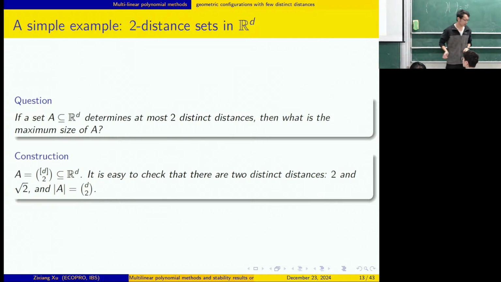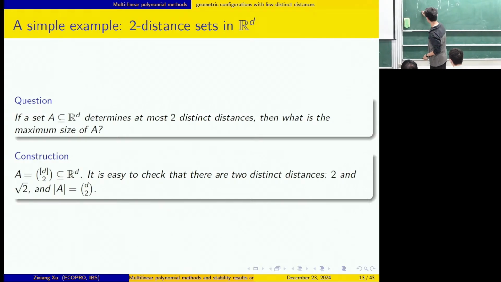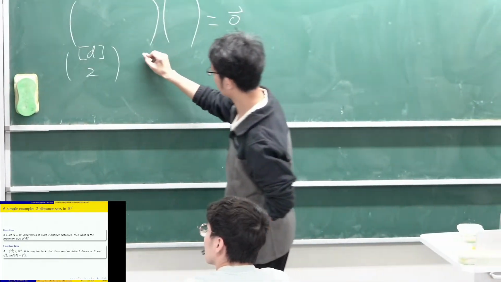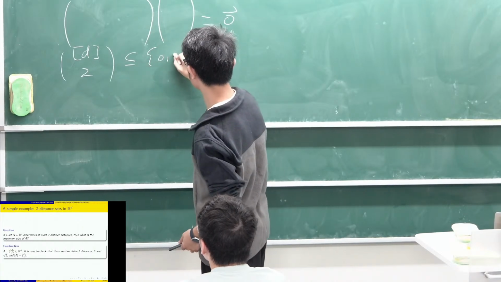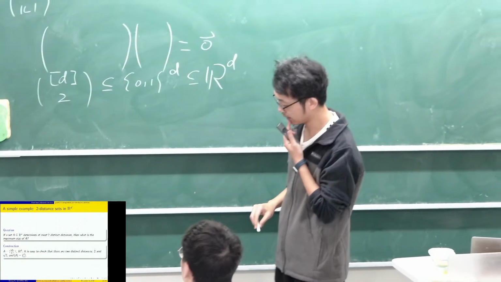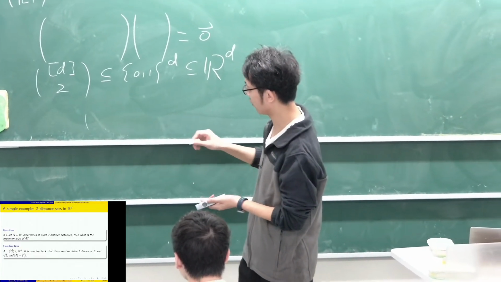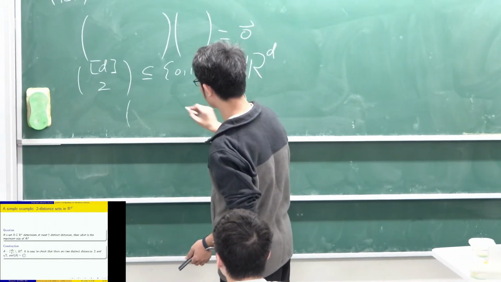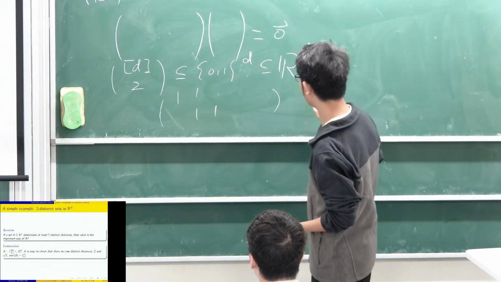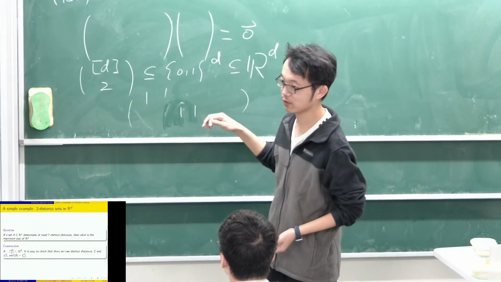By a simple construction, suppose we just choose some very small space, then we can check that if we write them in the form of vectors, you can see the distance is either square root of 2 or 2. Right, distance 2 and distance square root of 2.